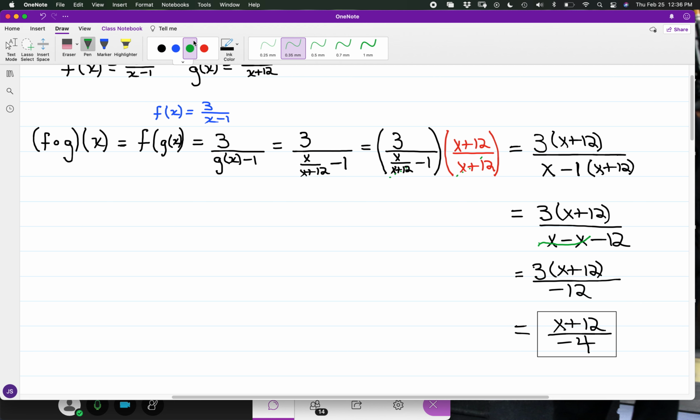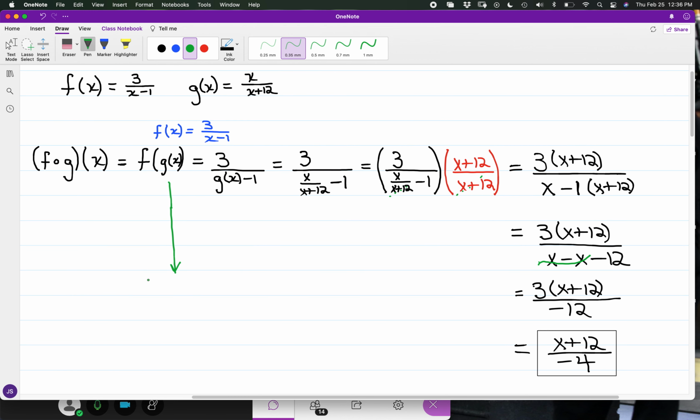Now, looking at the domain of this particular composition, we have the input, and the input was g of x is equal to x over x plus 12.